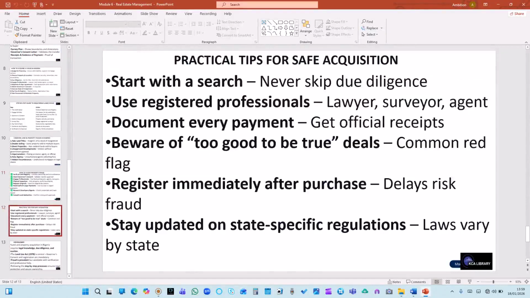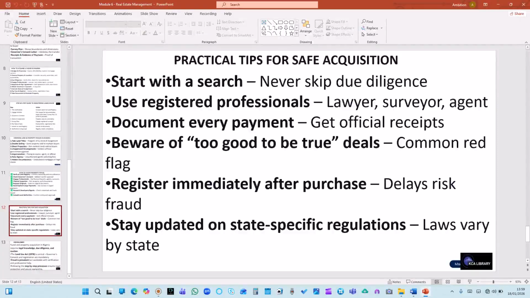Now let us look at practical tips for self-acquisition. Here you start with a search. Never skip due diligence. Use registered professionals such as lawyer, surveyor, and real estate agent. Document every payment. Get an official receipt. Beware of too-good-to-be-true deals.